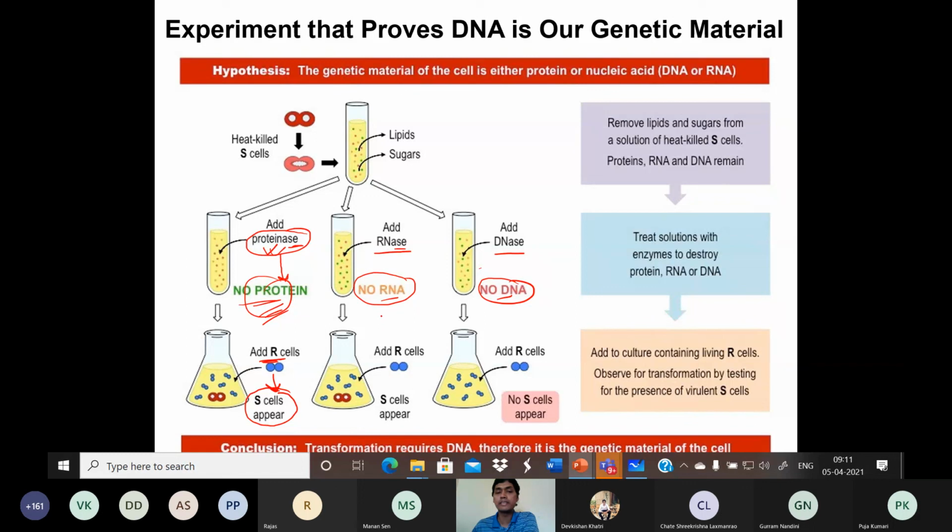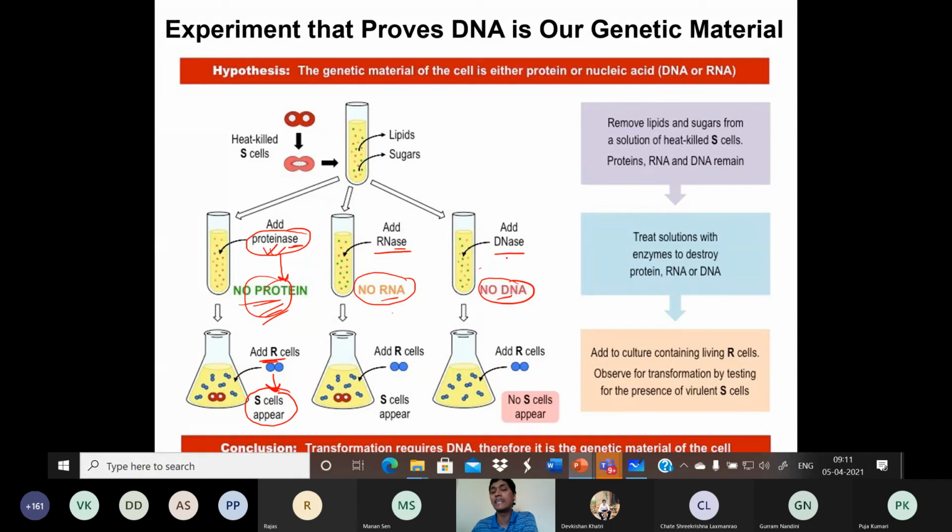In the second experiment, when they added RNase, there was no RNA, they added R cells, and again S cells appeared. So you can tell again, RNA is not involved here. No RNA, still S cells appear. So let us discuss the third experiment.